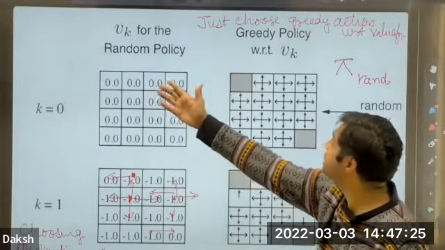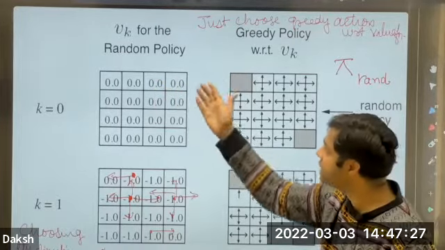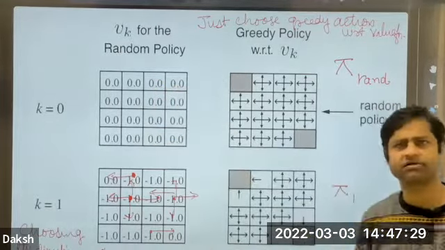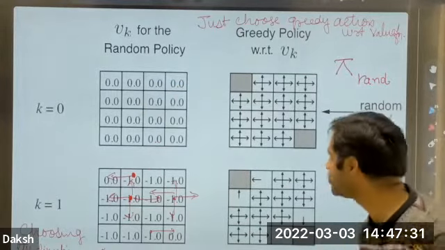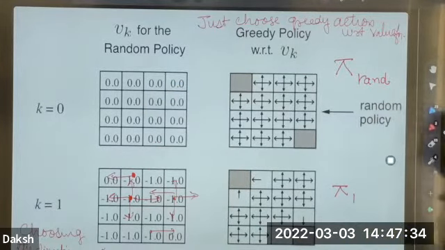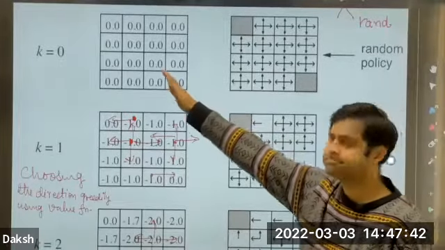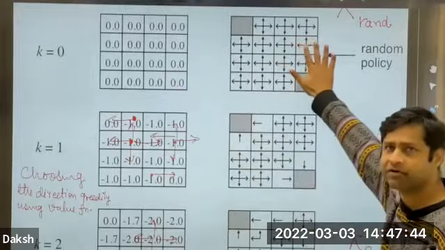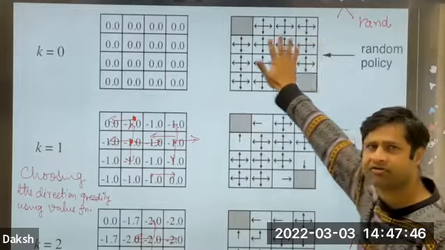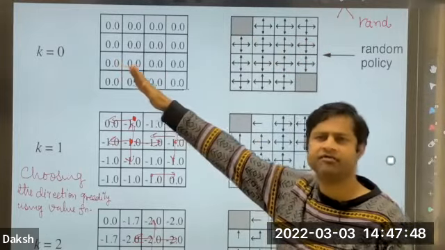With respect to that random policy, I have random initialized values V_k, all 0. They may be wrong. So first I have a policy, and I have V_k or V0.